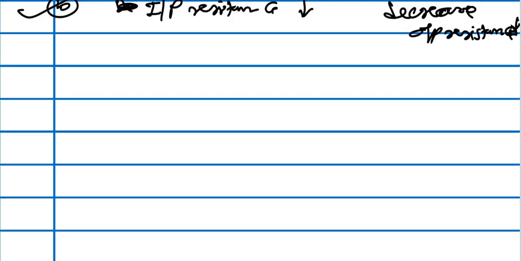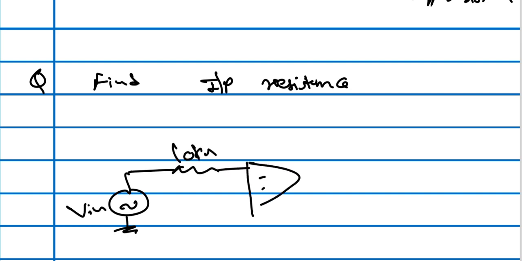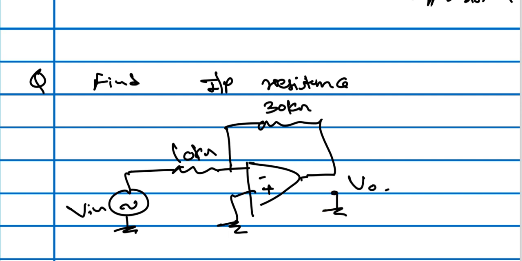Now one more question: find the input resistance. So we have this circuit, Vin here, then 10 kilo ohm. It is given to the inverting amplifier, and RF is the feedback resistance, 30 kilo ohm. So what is the input resistance?